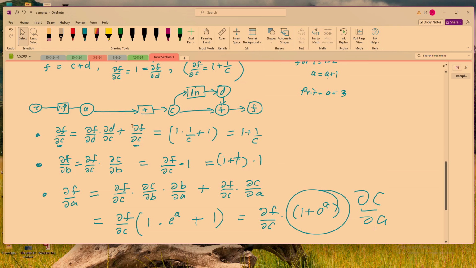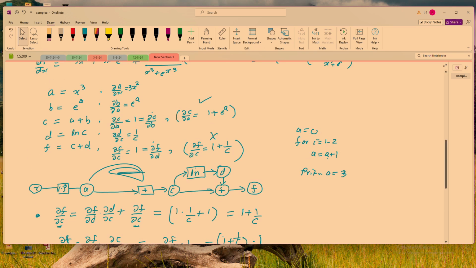If this was not there, df over dA is df over dc into dc over dA, and dc over dA is 1 plus e to the a, because the intermediate b you have removed. Can everybody see it? This was just to re-emphasize the same thing, that when you go here, don't go backwards. Keep it simple at that level itself. Don't make it a function of function. Let the graph reading take care of it.